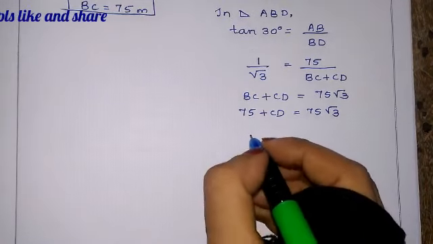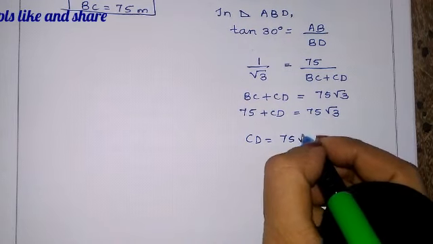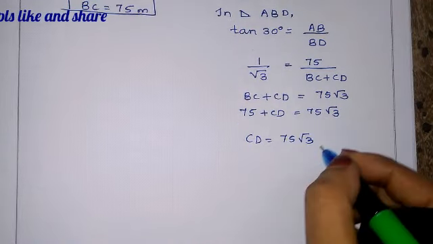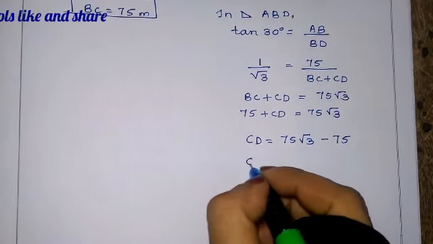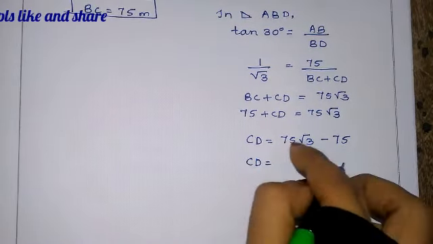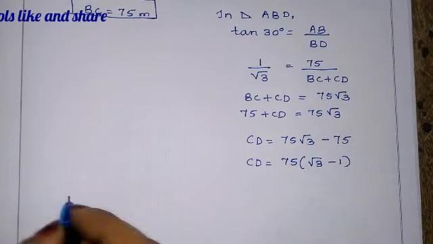We need CD. We'll bring this 75 this side, minus 75. CD is equal to, they are unlike terms, so 75 is common, 75 times root 3 minus 1.